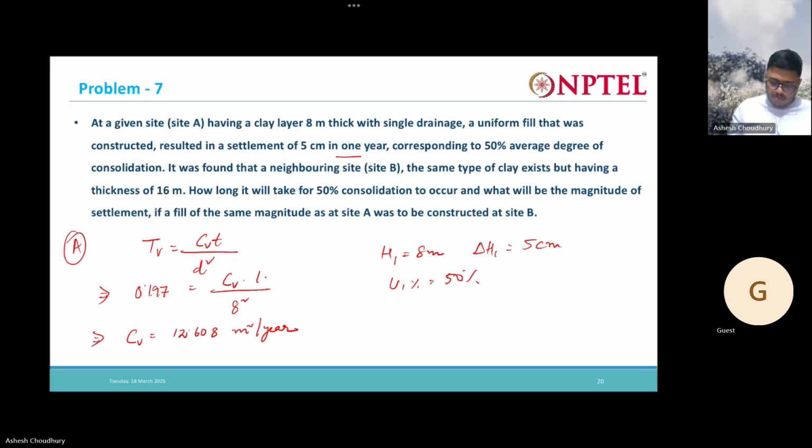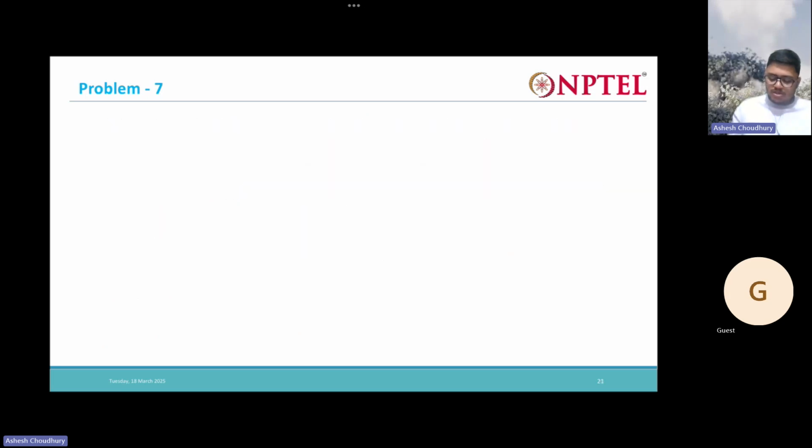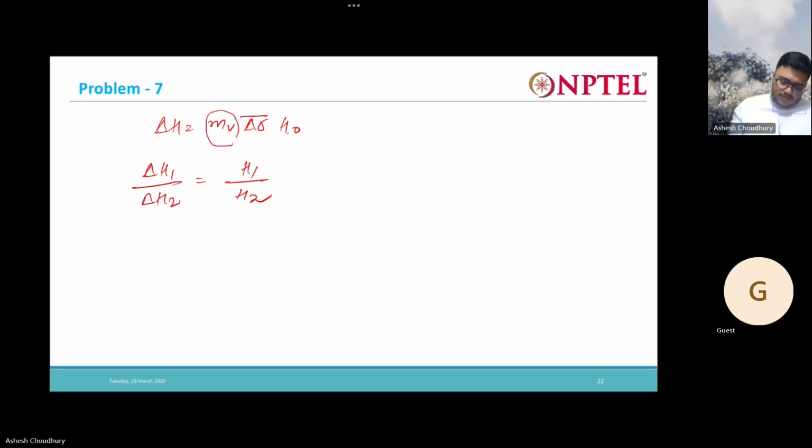Now, what will be the magnitude of settlement? We need to also find out the magnitude of the settlement. So we have delta H as mv delta sigma into H naught. So from here I can write delta H1 by delta H2 equals H1 by H2, because these are the same. So from here I can write 5 by delta H2 is 8 by 16.